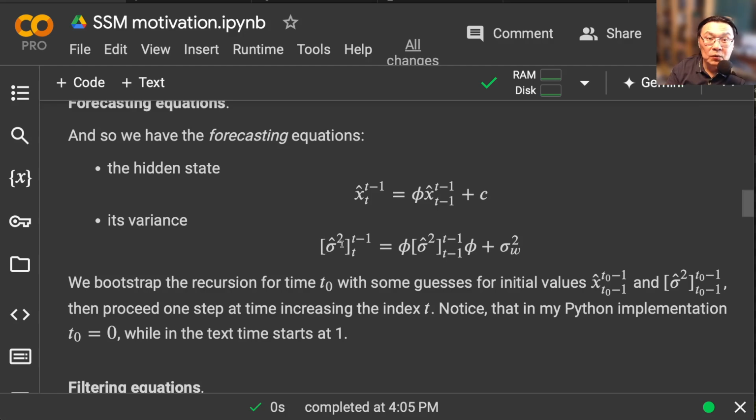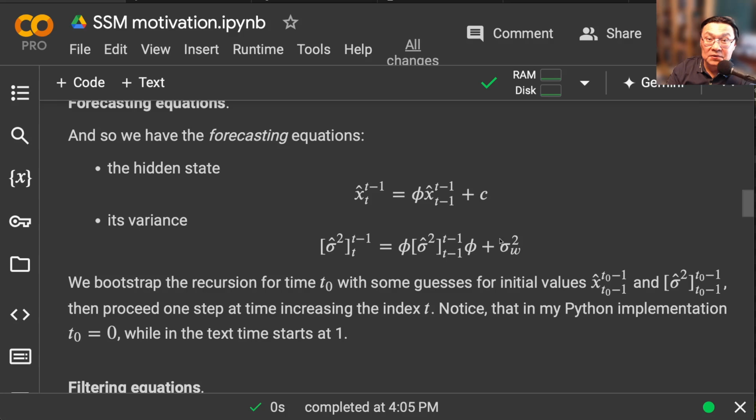Now, how do we calculate the variance? This looks a little complicated, but I'll explain. It actually is not that difficult. What we're doing here is we take phi, assuming we know phi, and multiply it by the previous estimate of the variance, and multiply it by phi again, plus this parameter called sigma square, the variance of the errors.